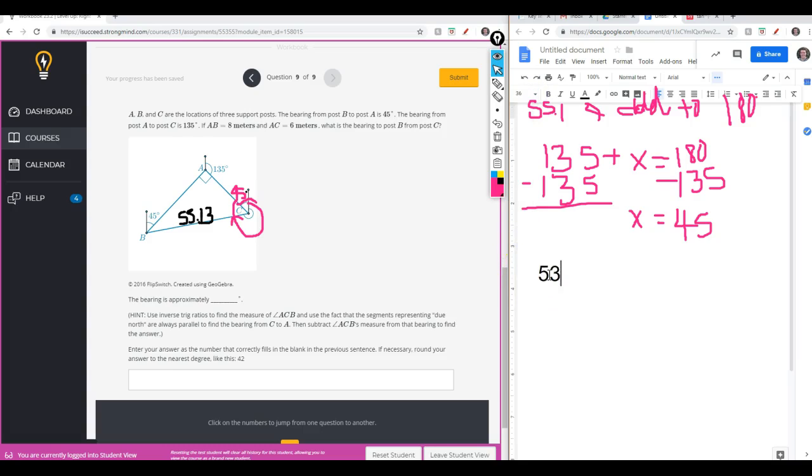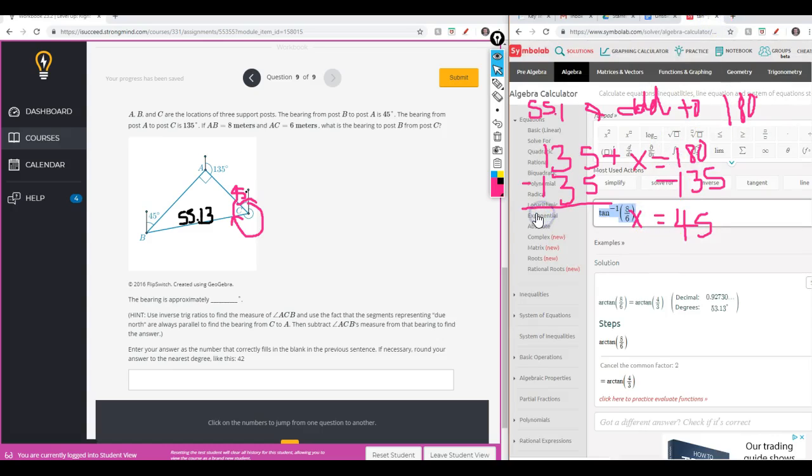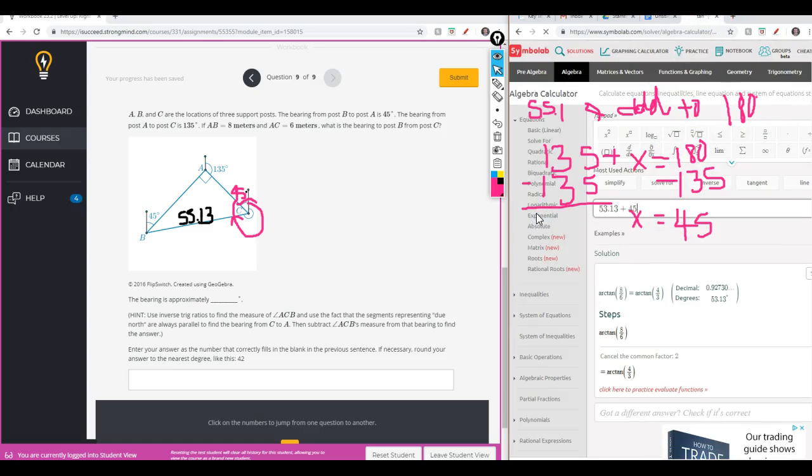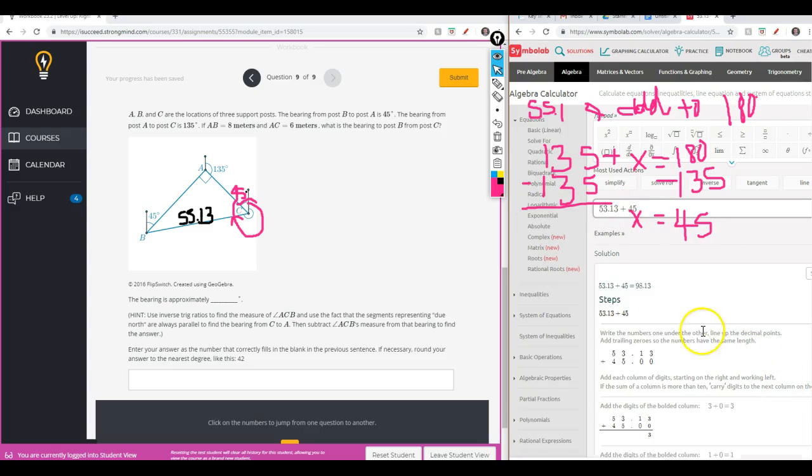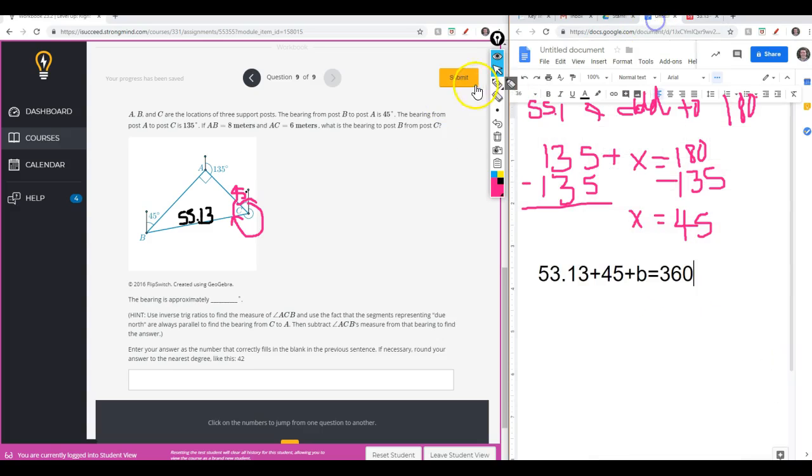So I have 53.13 plus 45 plus the bearing, so I'm going to use B, the bearing that they want from post C to post B. That has to equal 360 degrees. So first I'm going to add 53.13 plus 45. And that's going to equal 98.13.